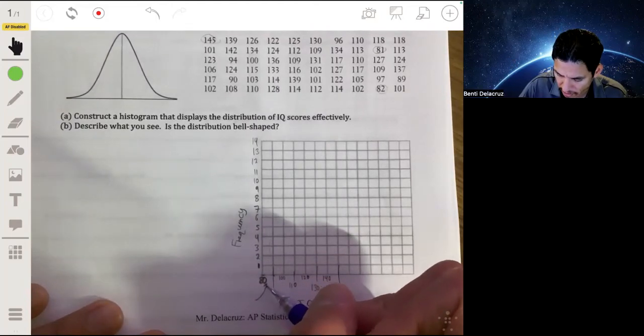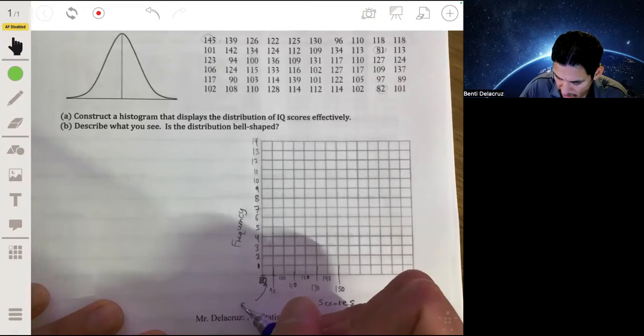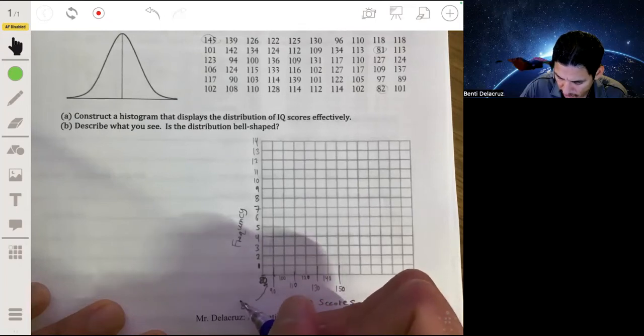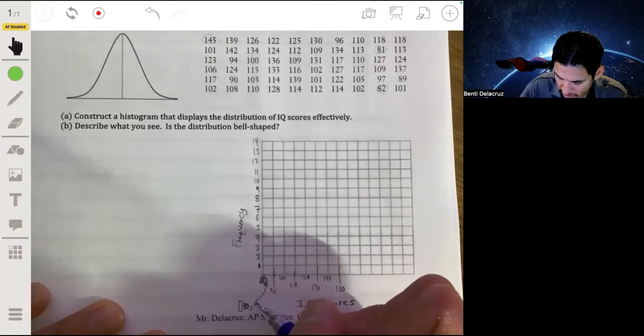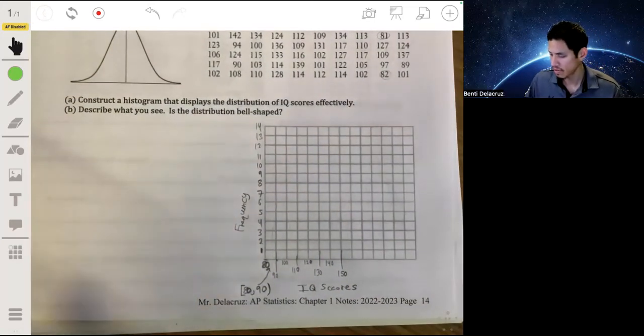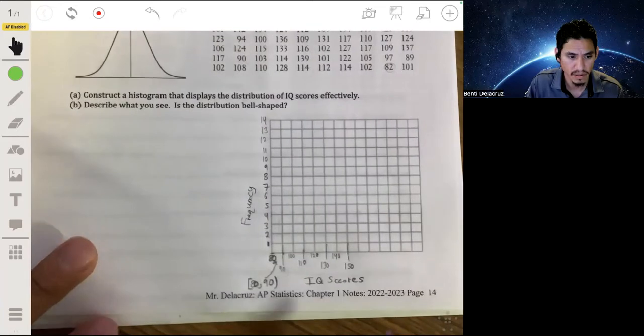So this histogram would be like 80. Let's put a bracket because we're going to include 80, but it doesn't include 90. So let me put a note actually.